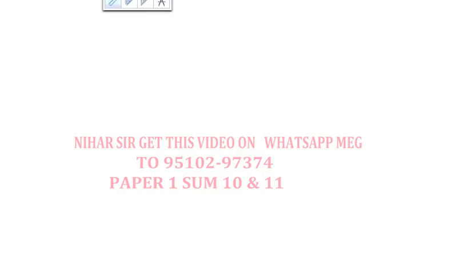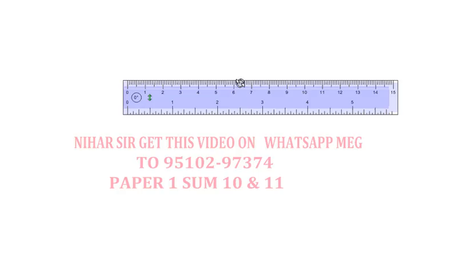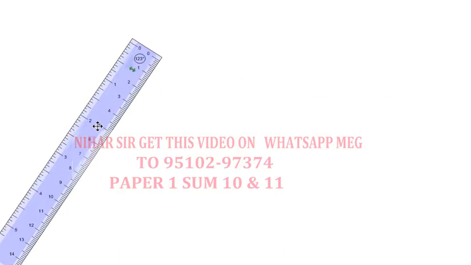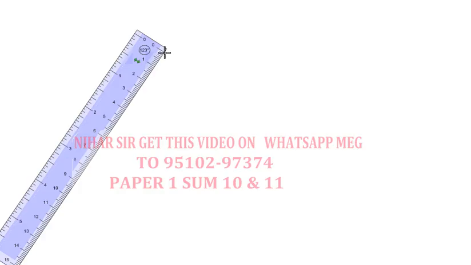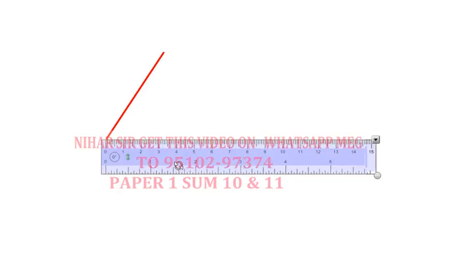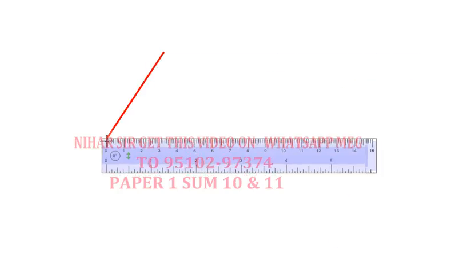Let me take my scale and let me draw a line of 6 centimeter. Now let me draw another line of 6 centimeter. Now I do not take any measurement. I just join these two endpoints.